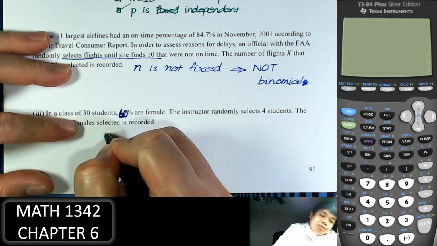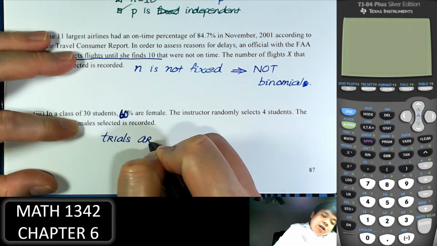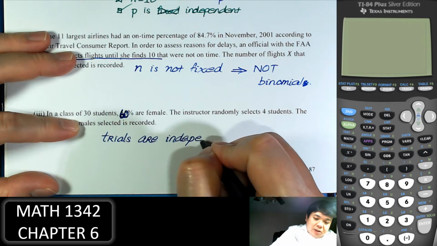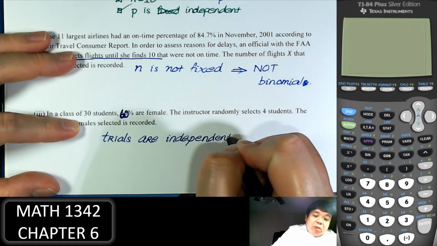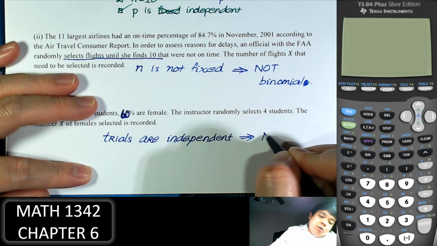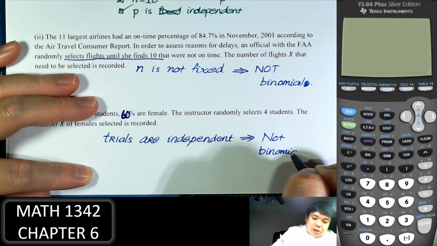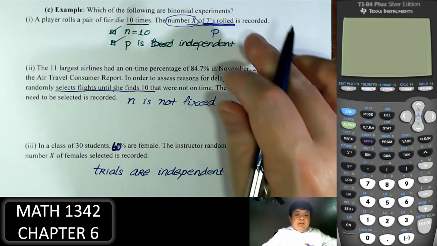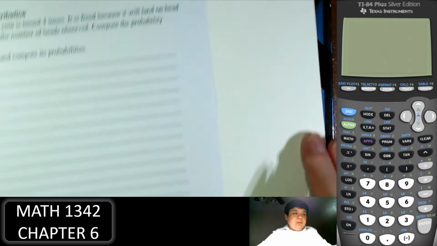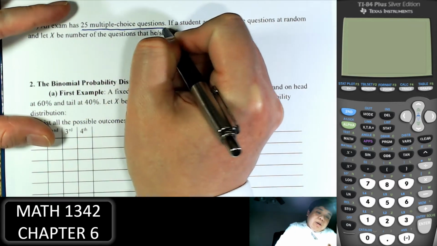So we say the trials are not independent because the probability will change from trial to trial. So that, once again, is not binomial. The first one is a binomial experiment. Right, an exam has 25 multiple choice questions. Yes, so we have the number of fixed trials.